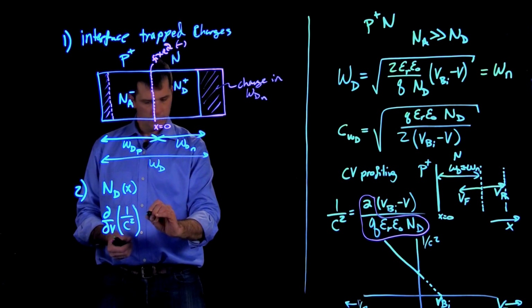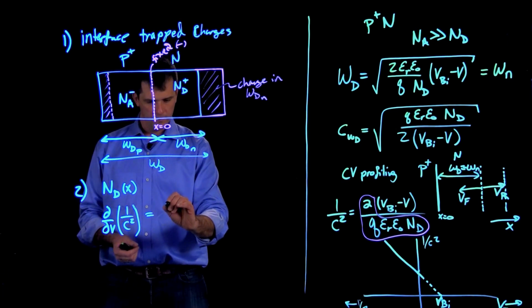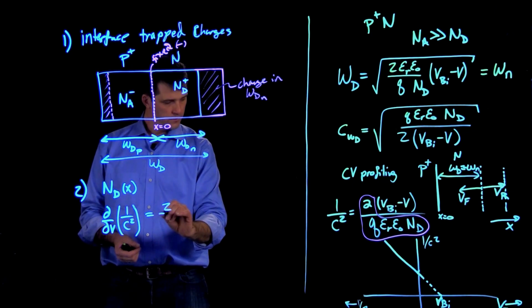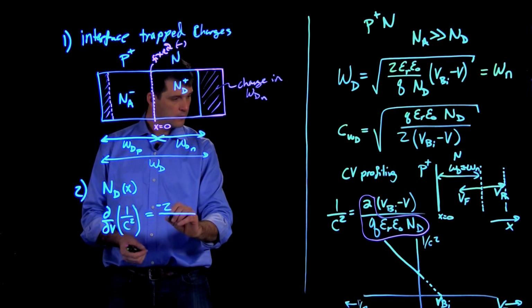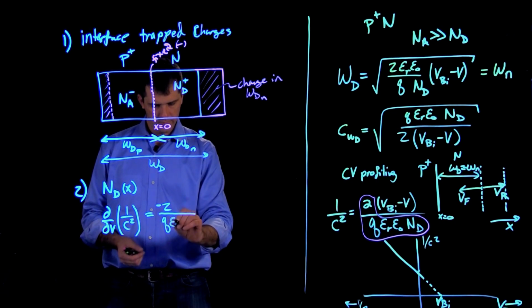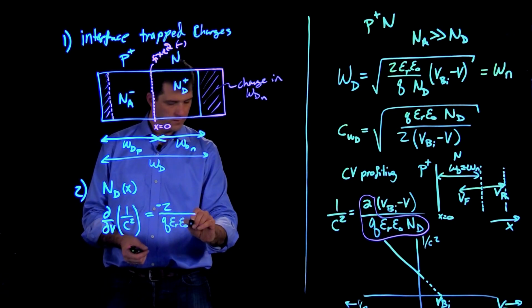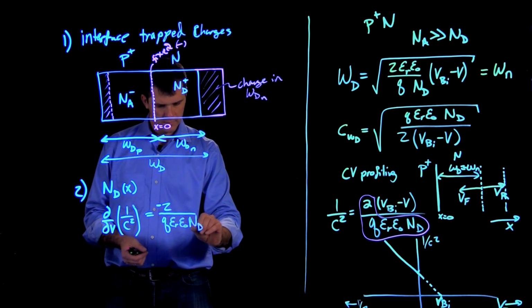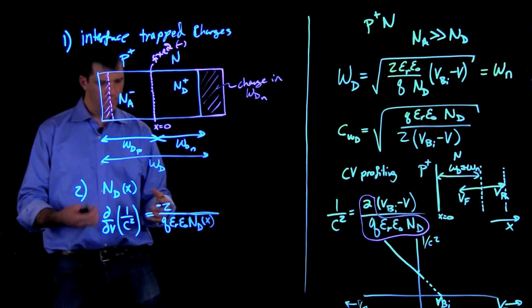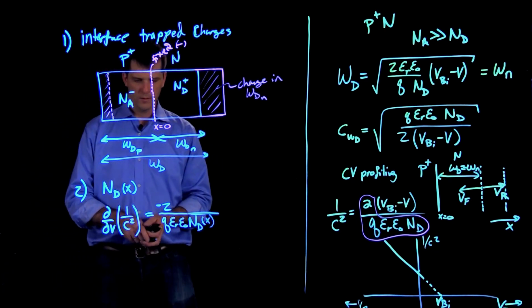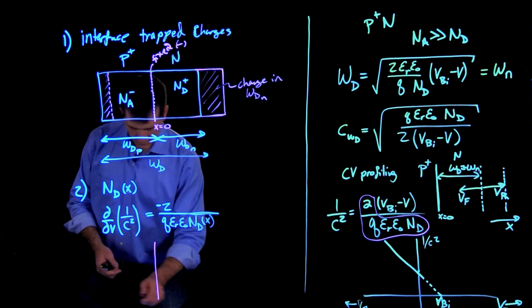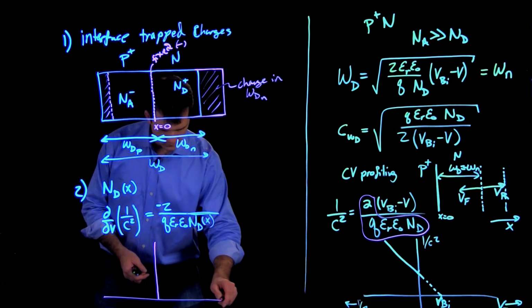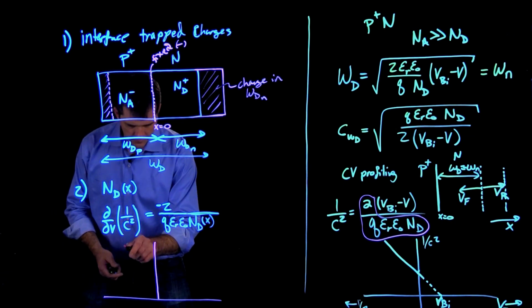And this is going to be equal to, sorry, there's a negative 2 there, over q epsilon relative epsilon naught and N_D of x. So our instantaneous slope, or our slope at any point along that line, can be related to the carrier density at that point.